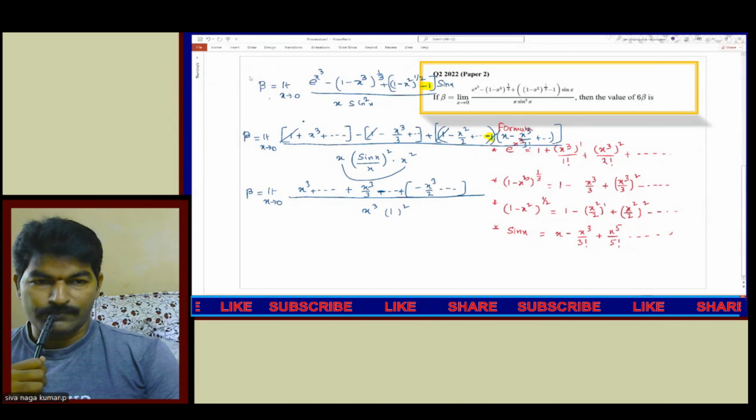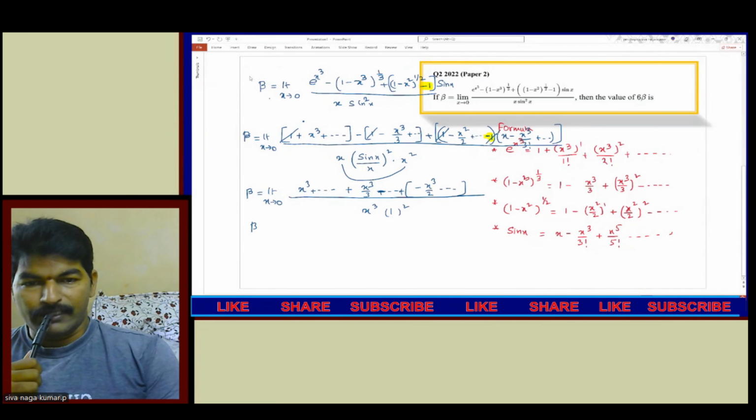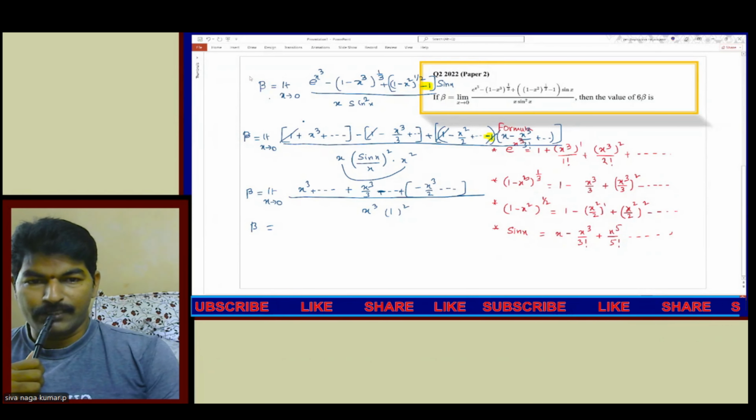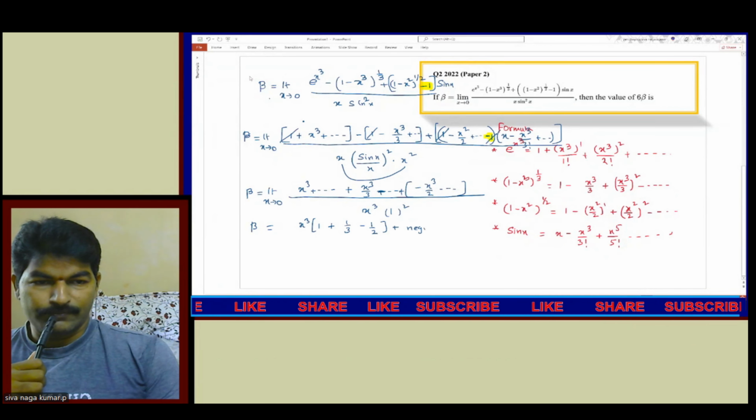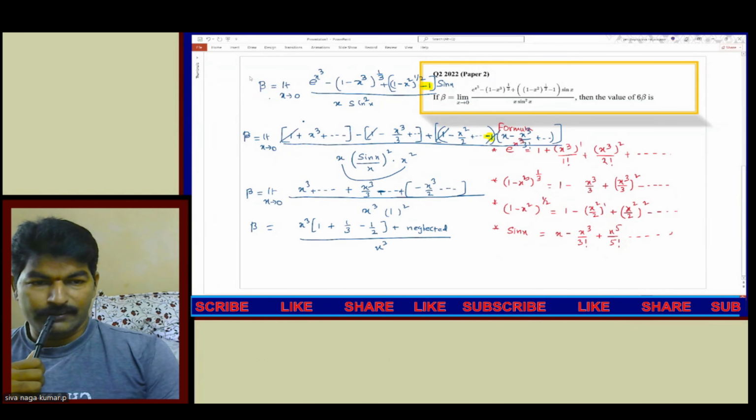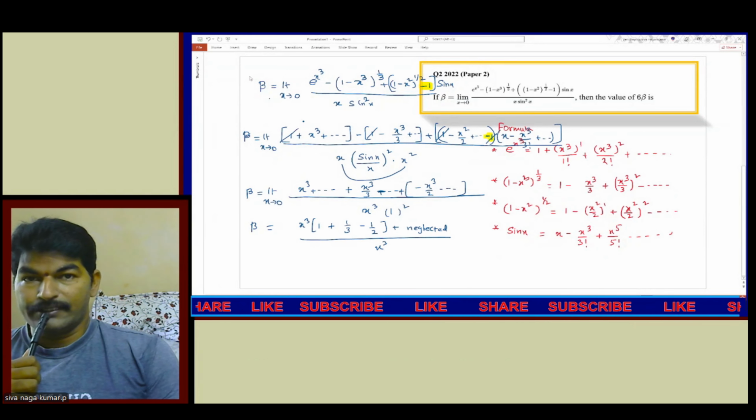Now the beta value: take x cube common. So x cube was taken common from the first number 1, and from the second number 1 by 3, and from the third number it is minus 1 by 2. These are the terms of x cube. And the remaining terms are neglected. Neglected means, if you divide by x cube, the numerator power is more than the denominator power.